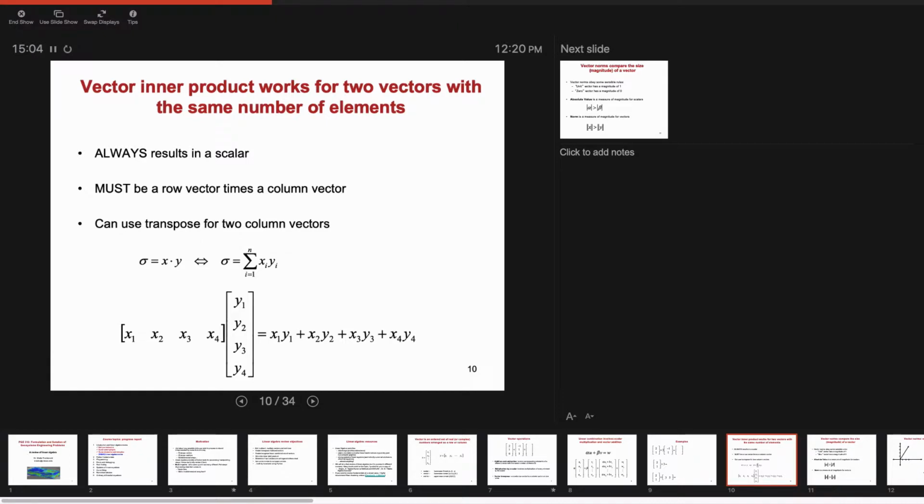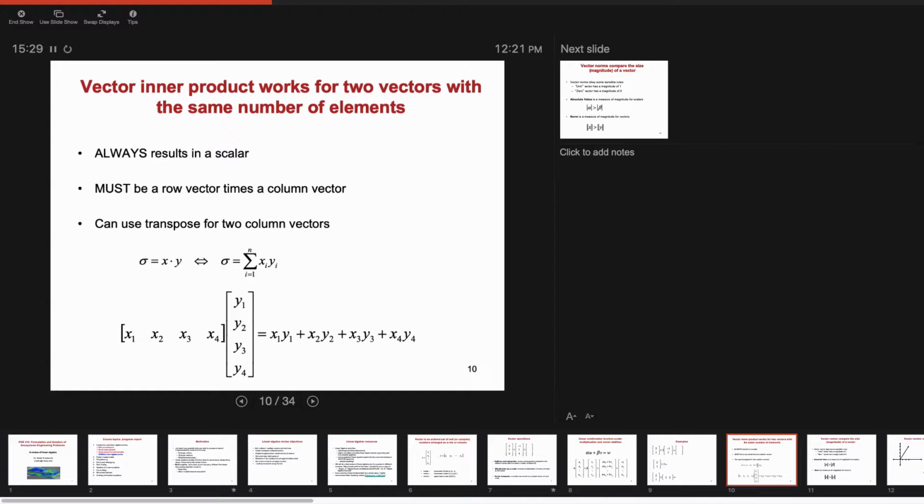However, if I flip and have a column vector times a row, my result would be a 4 by 4 matrix in this case. So dimensionality in 2 dimensions matters. If I'm viewing these as one-dimensional objects, it doesn't matter. If I'm viewing that as 2-dimensional objects, so that's a context.